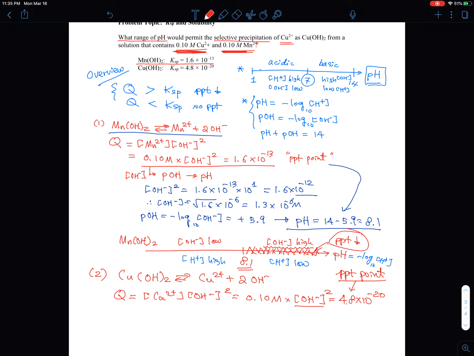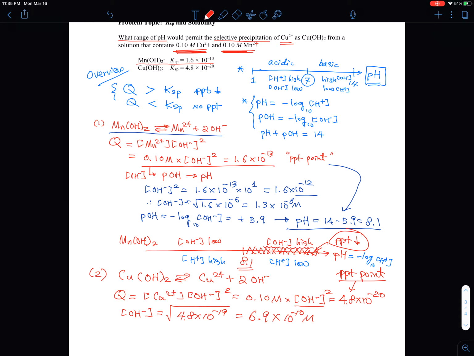Let's calculate the critical OH- concentration where precipitation starts to occur. That's the square root of 4.8 times 10 to the minus 19, which is 6.9 times 10 to the minus 10 molar.